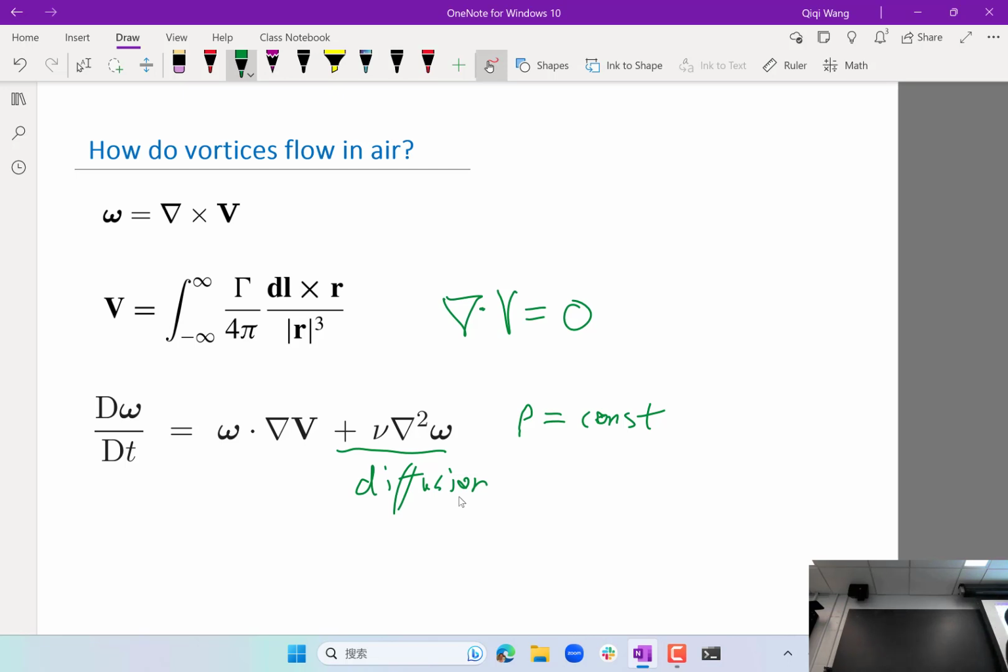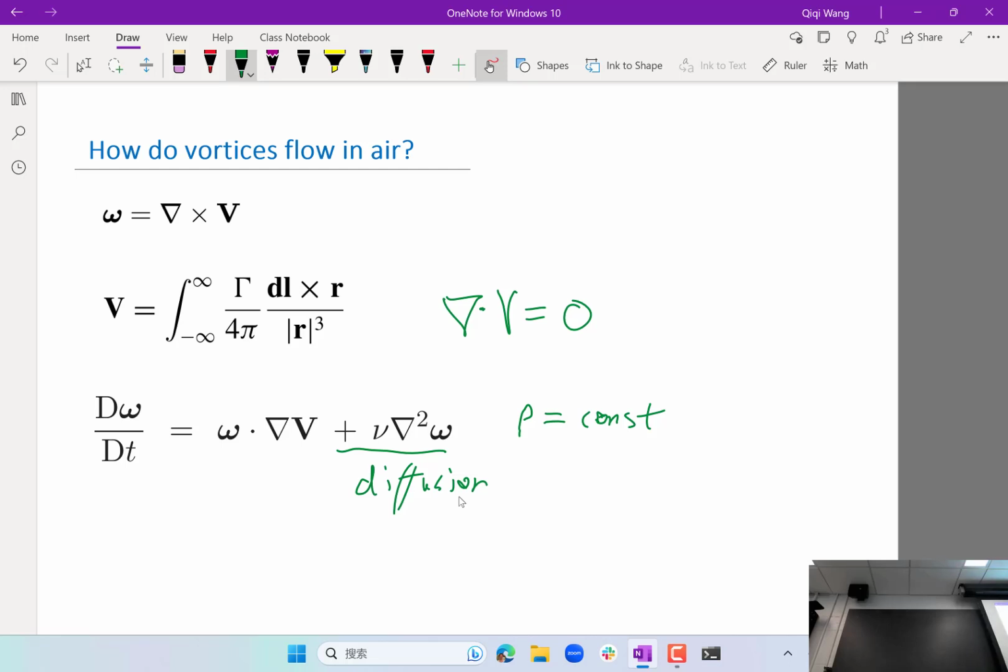So what that means is that if you have high temperature in one place and low temperature in another place, it is going to diffuse, but very, very slowly. That's the same thing for vorticity in air, right? A very concentrated vortex filament is going to diffuse to a slightly wider vortex filament, but it takes a long time to do so.